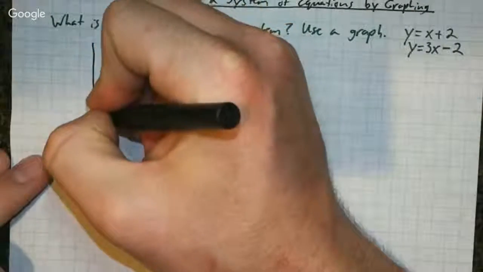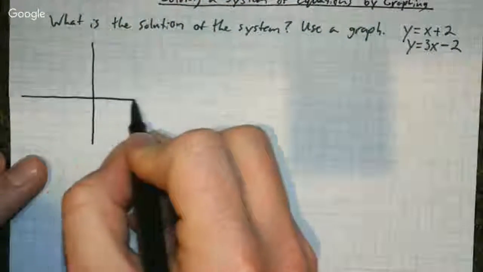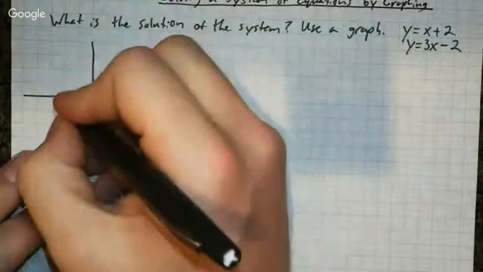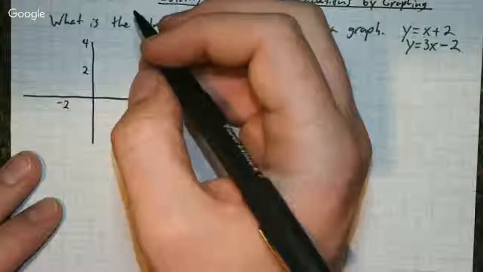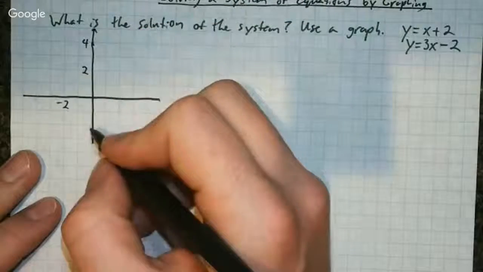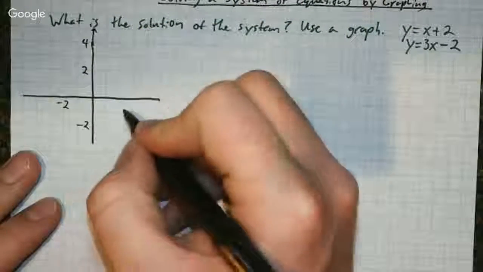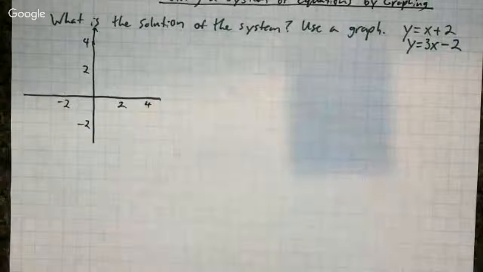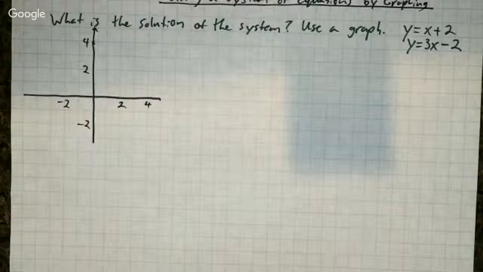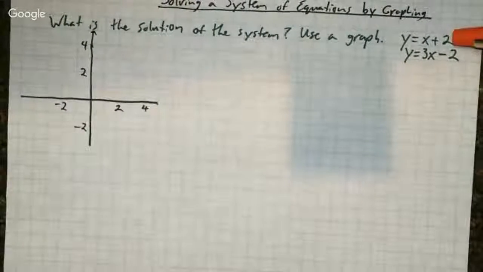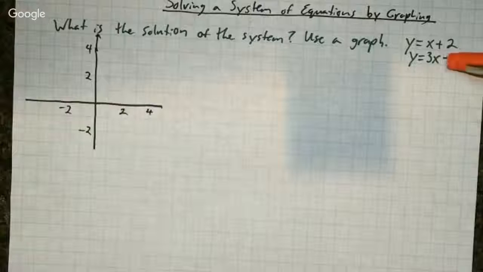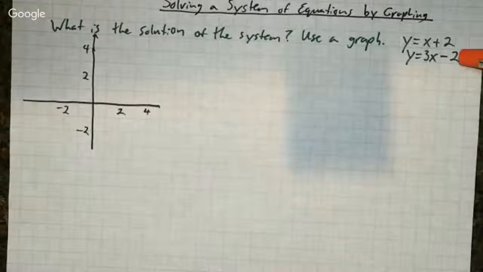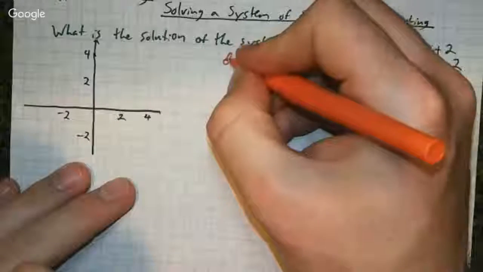So I'm going to go ahead and draw out a graph. Here is -2. Here is 2, 4. Okay. Now, if we know that a line of this graph is the solution of this equation, and a line of this graph is the solution of this equation, what we're going to be looking for is the intersection.